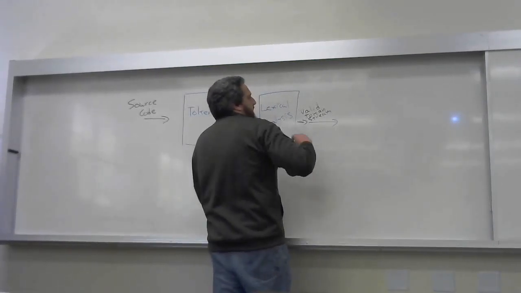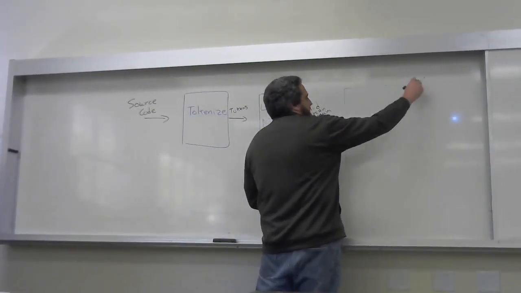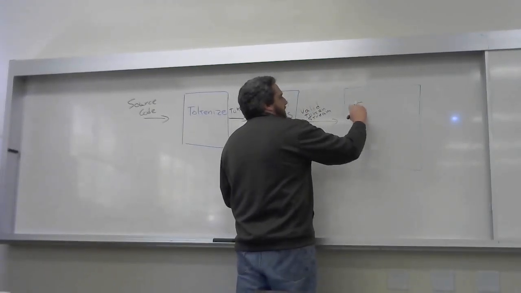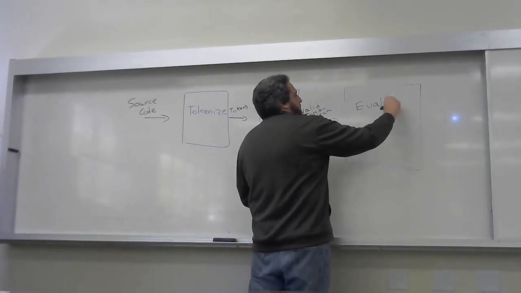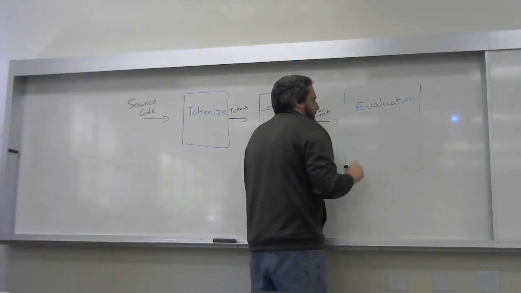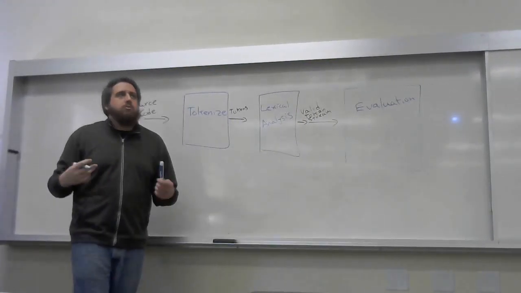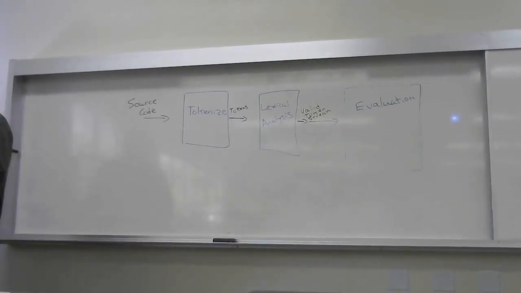After we have the valid token stream, we're going to do evaluation, and this is probably the biggest step. This is the step that actually runs the code, the part that makes the code actually execute.